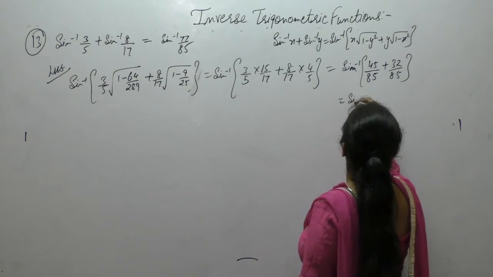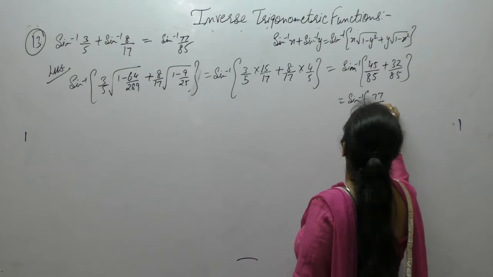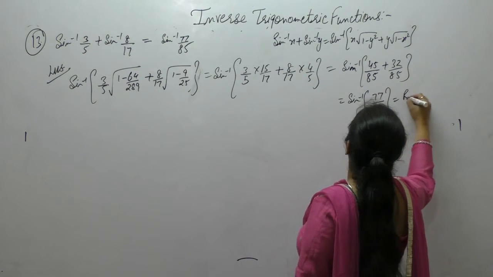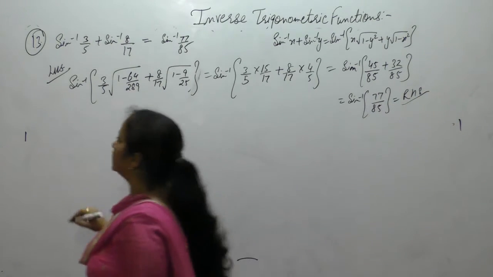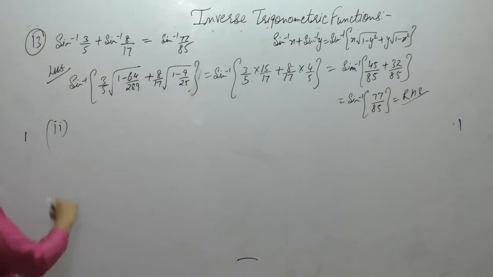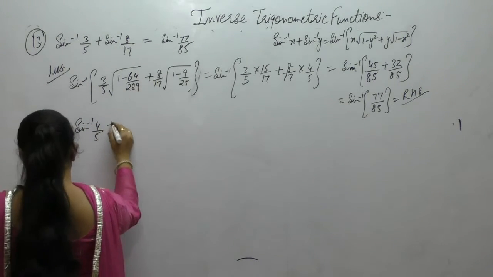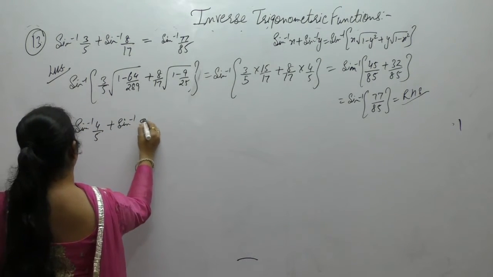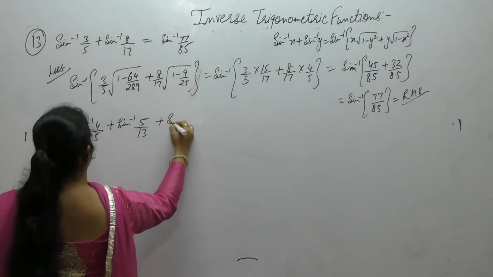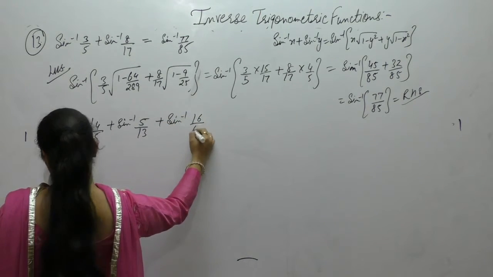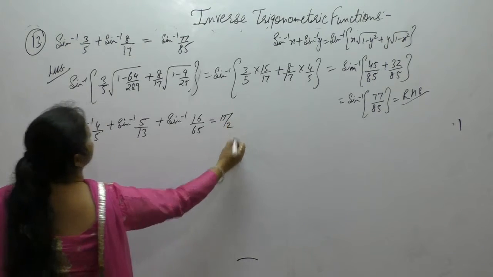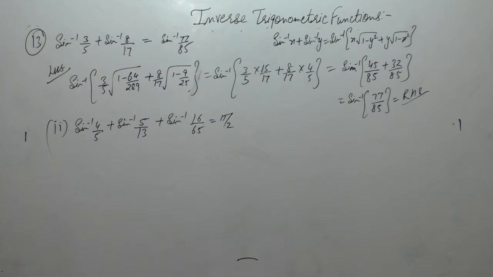So sine inverse, by taking LCM, 77 upon 85. Second part. Sine inverse 4 by 5 plus sine inverse 5 by 13 plus sine inverse 16 by 65 is equal to pi by 2.